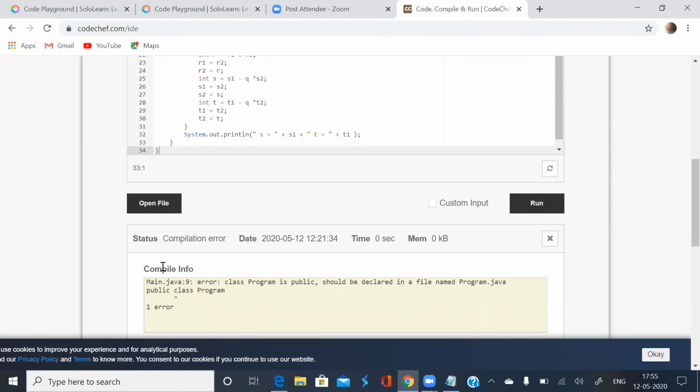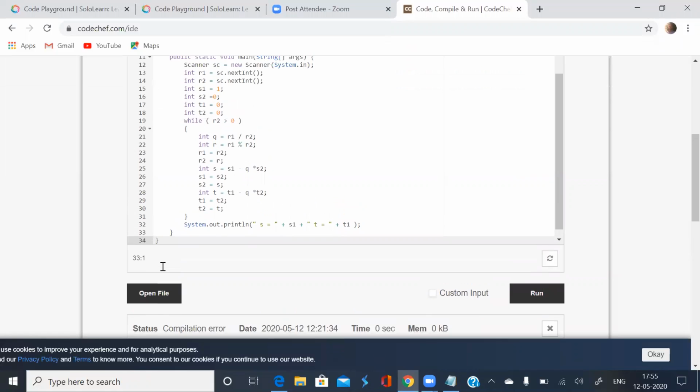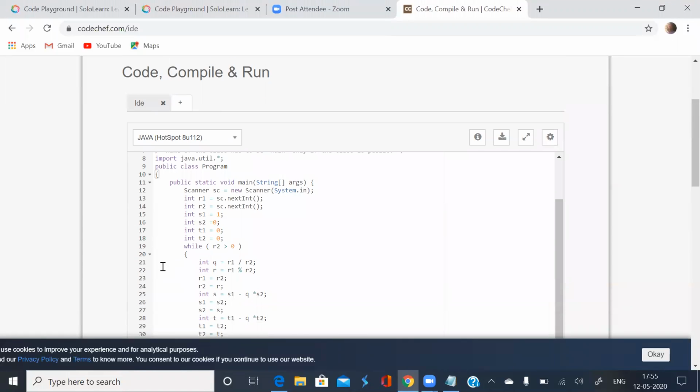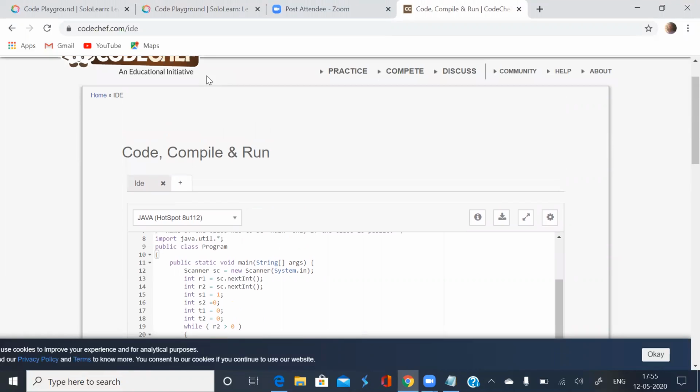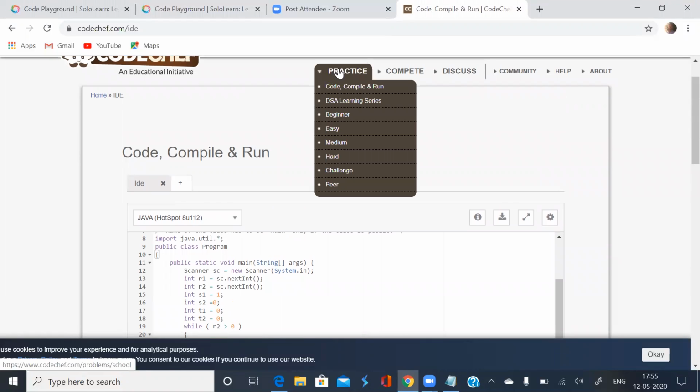There is one error. It should be declared in a file named Program.java, public class. What was there initially? Let us go back and see it.